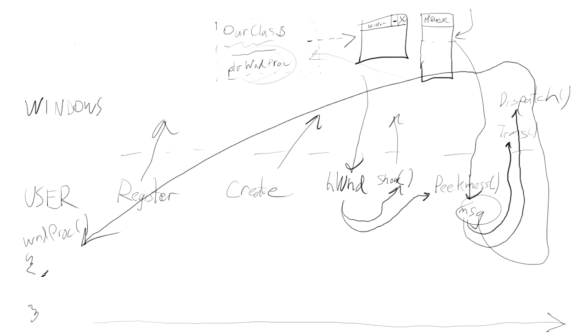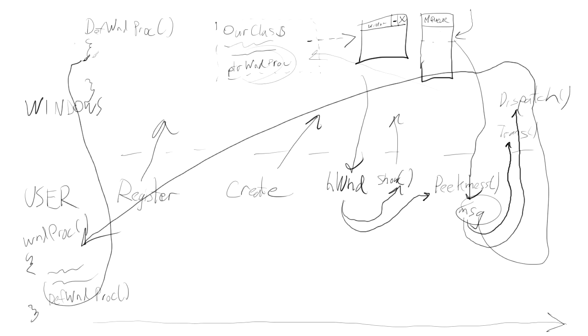And in the window procedure, we process the message, and then we call the default window procedure, which is actually a function on the Windows side, right? That's the default behavior, and it routes the message to here on the Windows side, which does any additional processing.